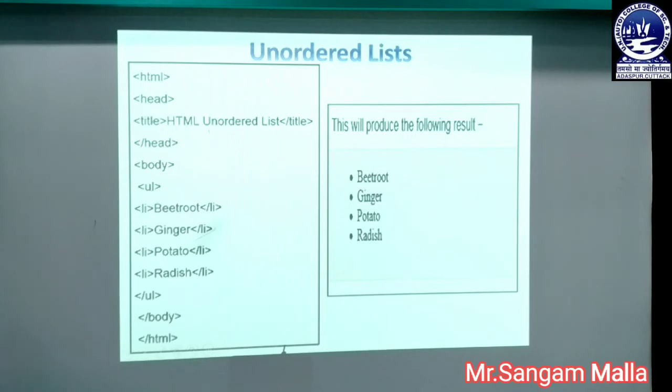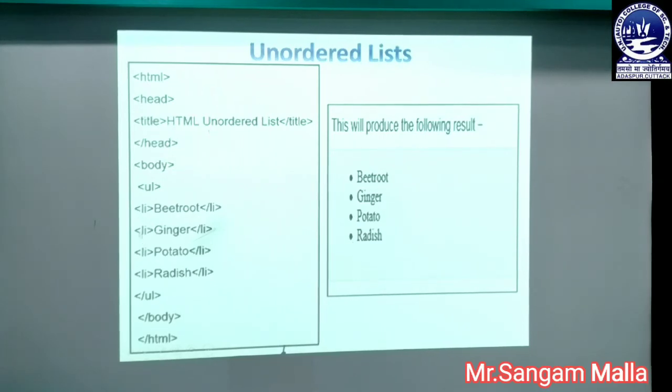Whenever we want symbol bullets in the web page, we use the UL tag. In a similar way, if we want numbered bullets, we use the OL tag. The number of li tags within the UL or OL tag represents the list in the web page. You can clearly see that the unordered list has symbol bullets in front of the text.